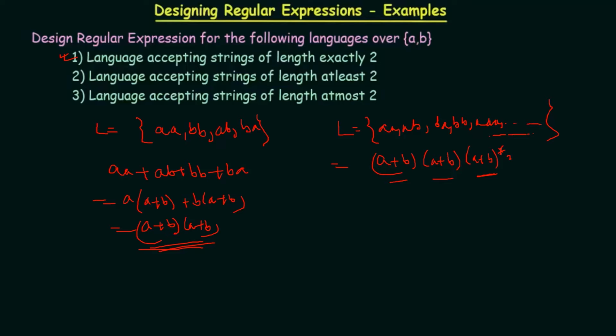Next up, language accepting strings of length at most 2. That means the minimum can be anything starting from epsilon, and the maximum shall be of length 2. So let me just make a union of them.